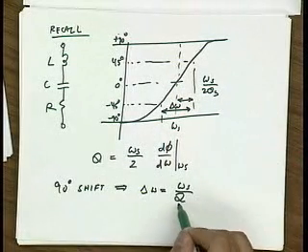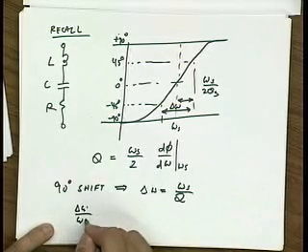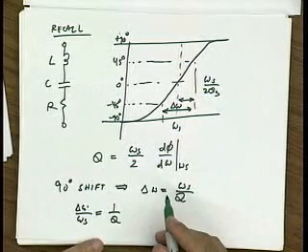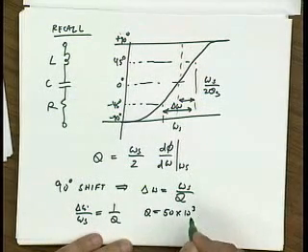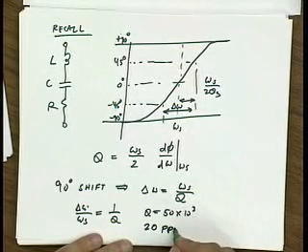Because the quality factor is so high, delta omega over omega s, which is 1 over quality factor, can be extremely small. If our quality factor is 50,000 in this example, that corresponds to 20 parts per million.